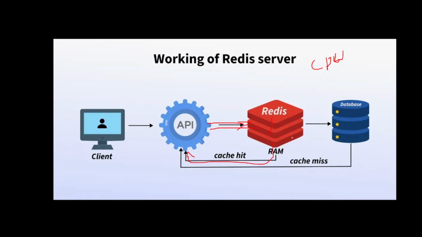What if it says, no, I don't have the value? Okay, let me search in the database. It will search, fetch the data, store it for future use, and send the response to the client. Simple. This is the working principle of Redis. So let's move on.